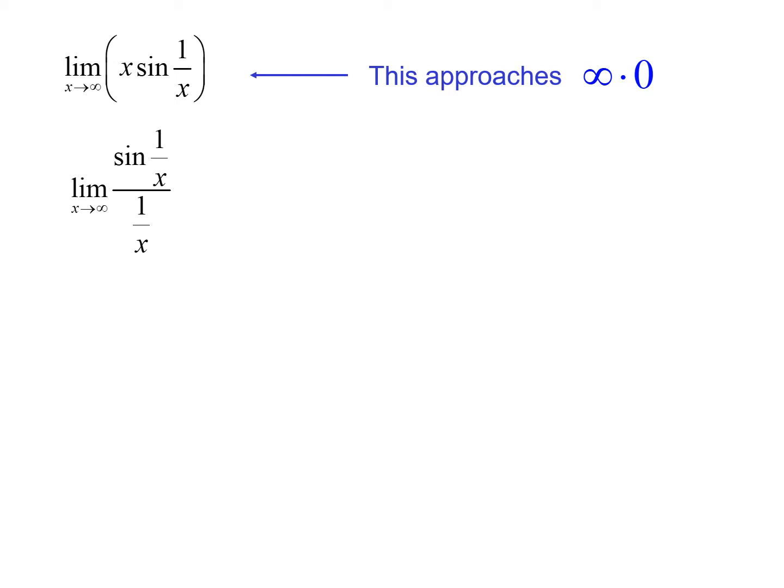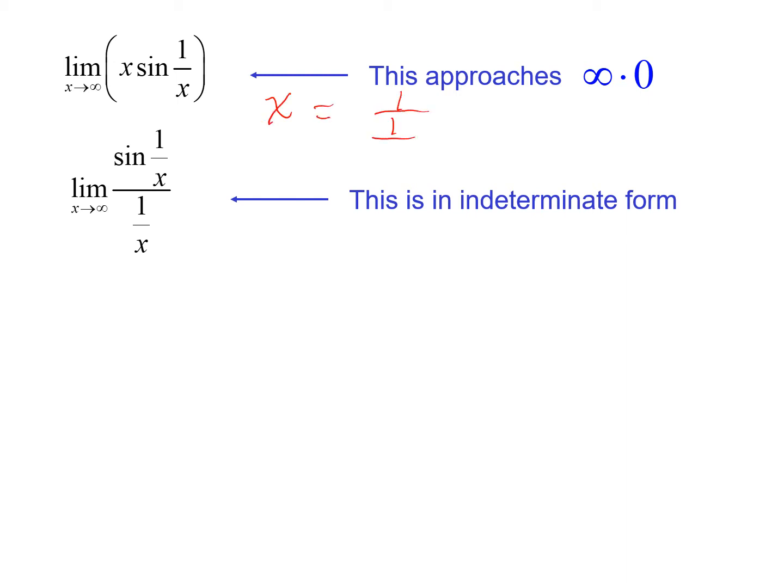So we should know that x can be written as 1 over 1 over x. The two are equivalent. And if you're struggling with that, just think about it.